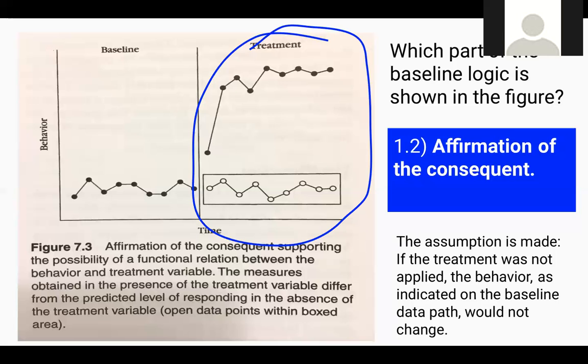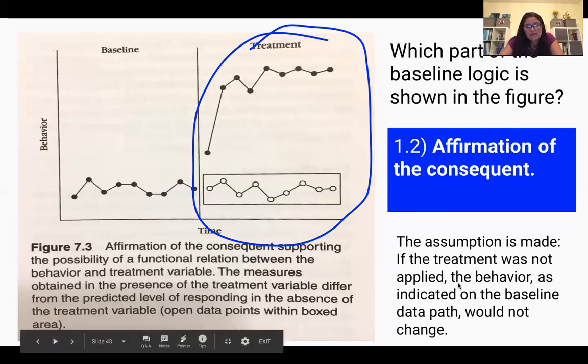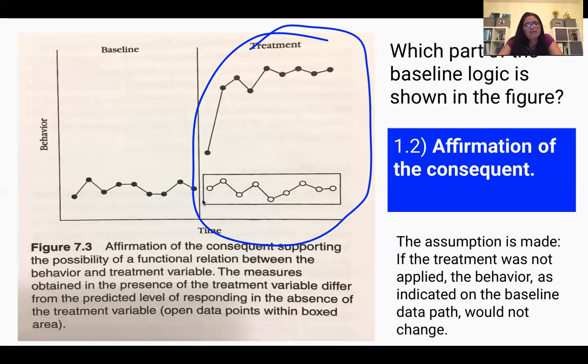I think the affirmation is basically you're affirming the fact that you were right. That had you not implemented the treatment, the behavior would have stayed in the baseline part of it.